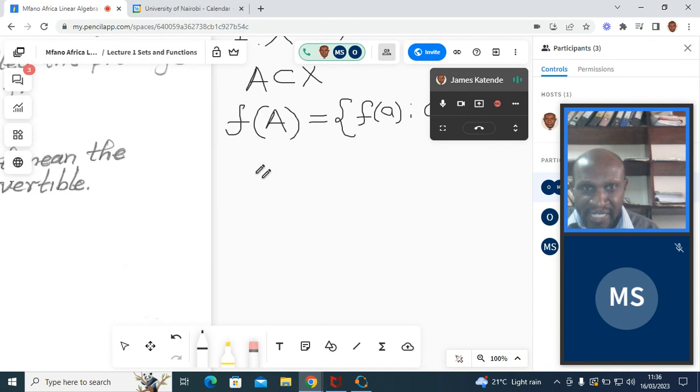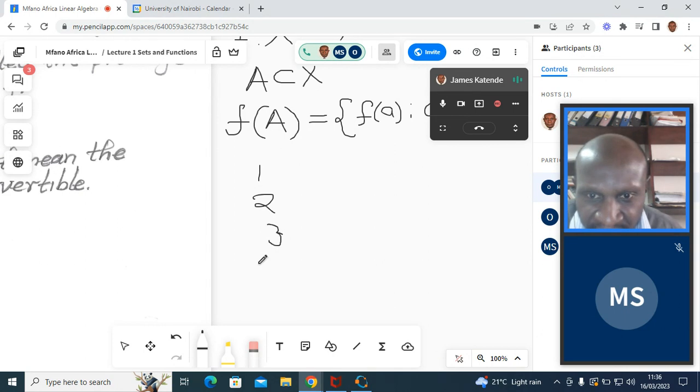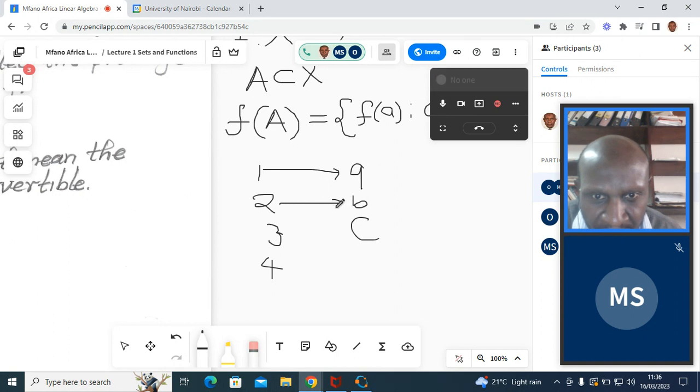So I will use an example here. If you have 1, 2, 3, so we have the domain and the codomain on this side. So let's take this as a function. 1 goes to 9. 2 goes to B. 3 goes to C. 3 goes to B again.